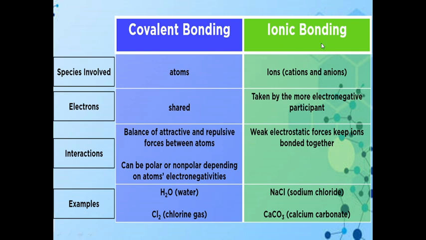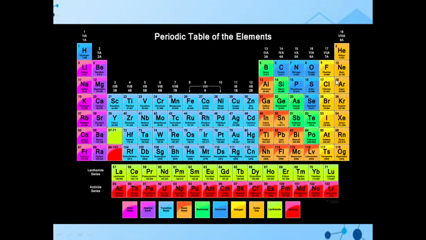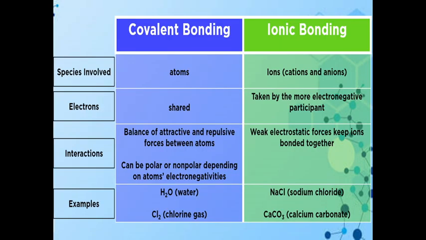Next is the characteristic of ionic bonding. In ionic bonding, it is composed of both a metal and a non-metal. Take note, it is a compound that has a metal and a non-metal. The species involved are the cation and the anion, the positive charge and the negative charge. Their electrons can be transferred, taken by the more electronegative participant.